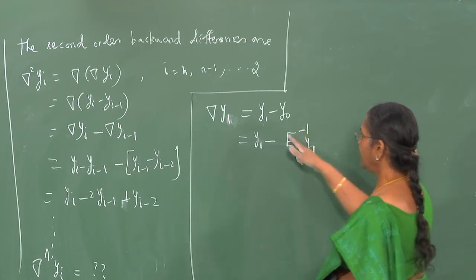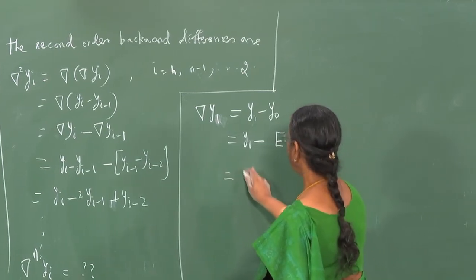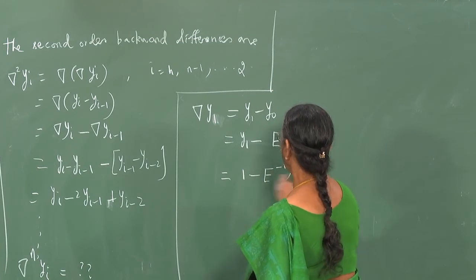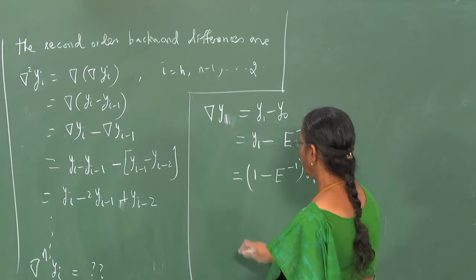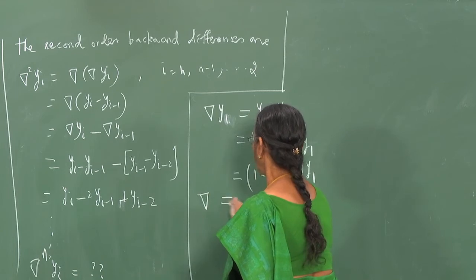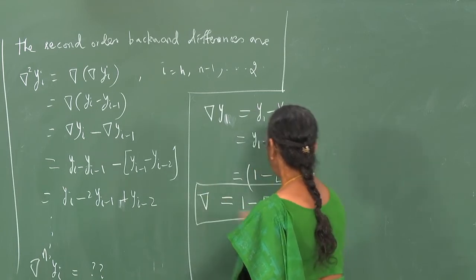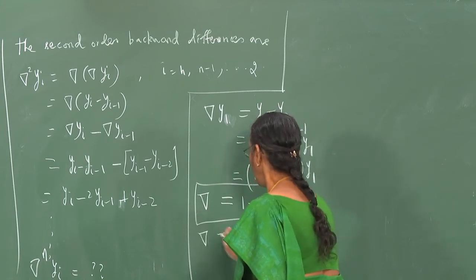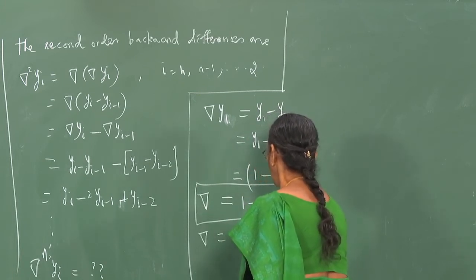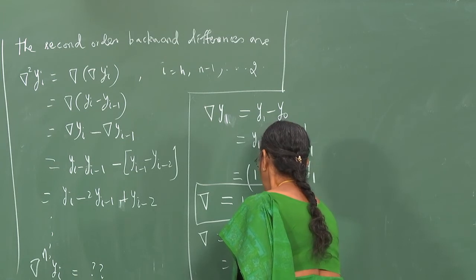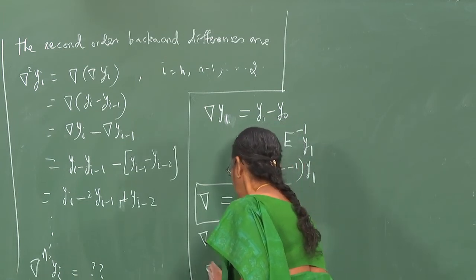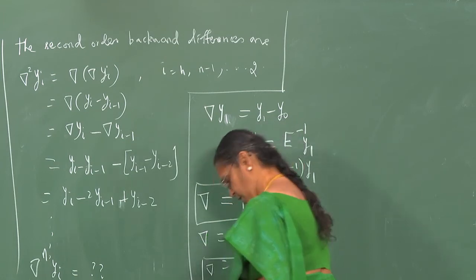It gives you the previous value, which is y0. So, it is 1 minus e to the minus 1 on y1, which tells me that the backward difference operator is related to the shift operator in this way. So, it is 1 minus 1 by e. So, it is e minus 1 by e is the backward difference operator.